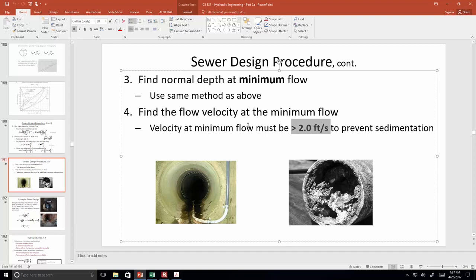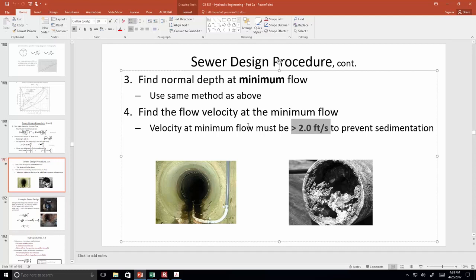People think that just making the pipe bigger is always the solution to every problem. And you need to have the pipe large enough to handle the maximum flow. But if it's so large, then think about what the flow depth is actually going to look like. Oh, this is a permanent marker. In for a penny, in for a pound, right?